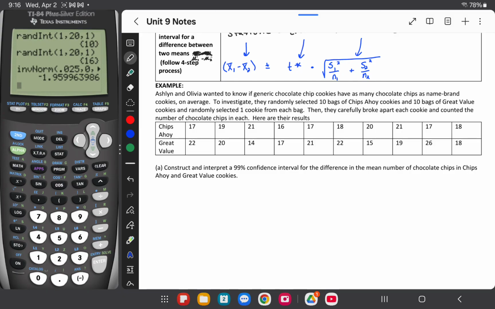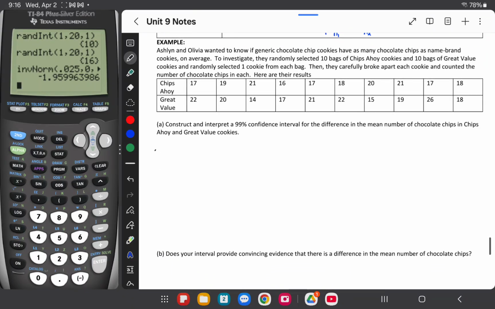So in part A, it asks us to construct and interpret a 99% confidence interval for the difference in the mean number of chocolate chips in Chips Ahoy and Great Value cookies. So let's go through it. First of all, let's say our parameters of interest. We're going to say mu1 is going to be the mean number of chocolate chips in the Chips Ahoy.